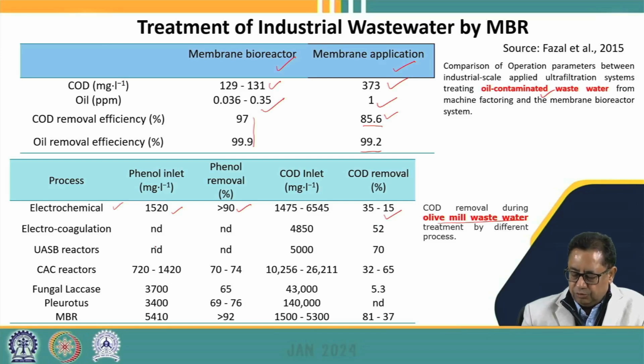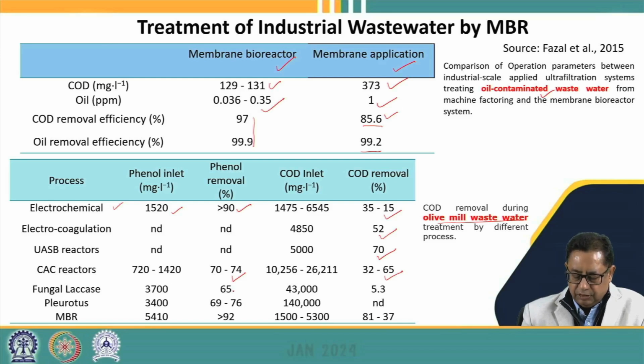Similarly, in electrocoagulation only 52% of COD removal is reached. For the USB reactor, nearly 70% of the COD reduction takes place. And in CAC reactors, we have nearly 70 to 74% removal of the phenol, whereas 30 to 65% of the COD removal takes place.